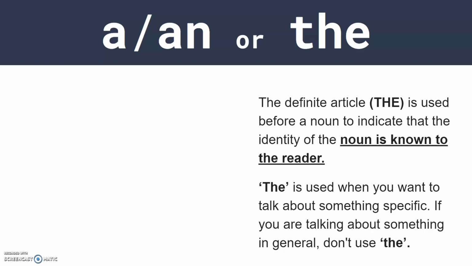Can you give me the book on that table? A specific book, not any book. So the is used when you want to talk about something specific. If you're talking about something general, don't use the. That's an easy way to remember. If it's something you've already spoken about, or something you're pointing to, or something you're identifying, use the. If it's general, use a or an.